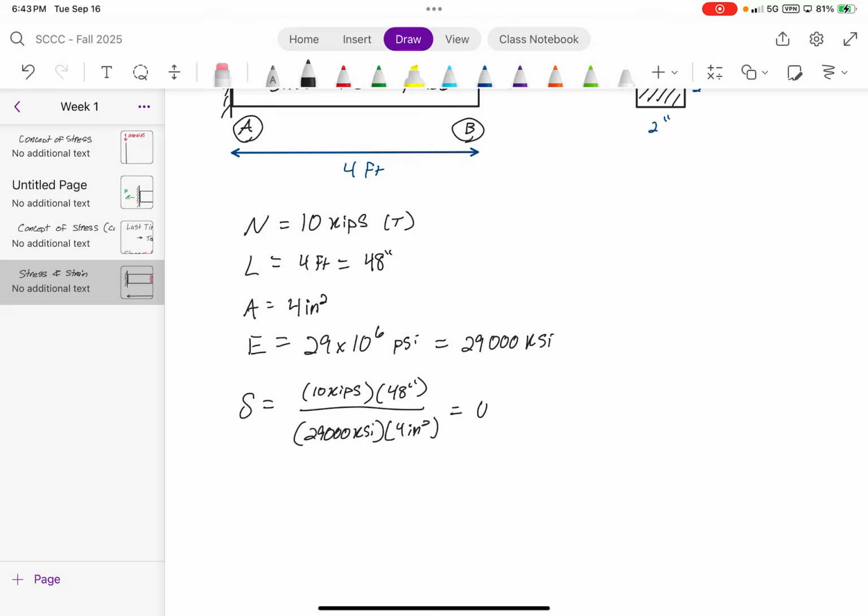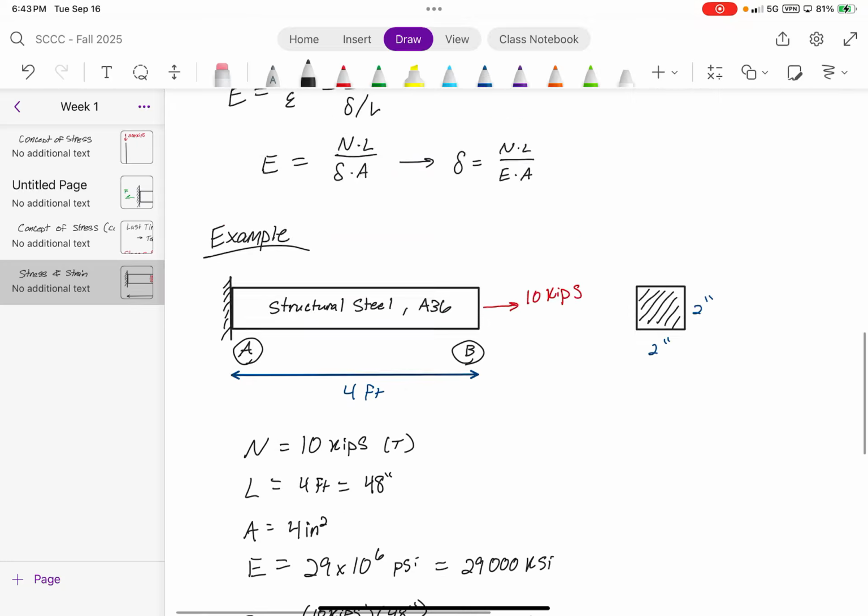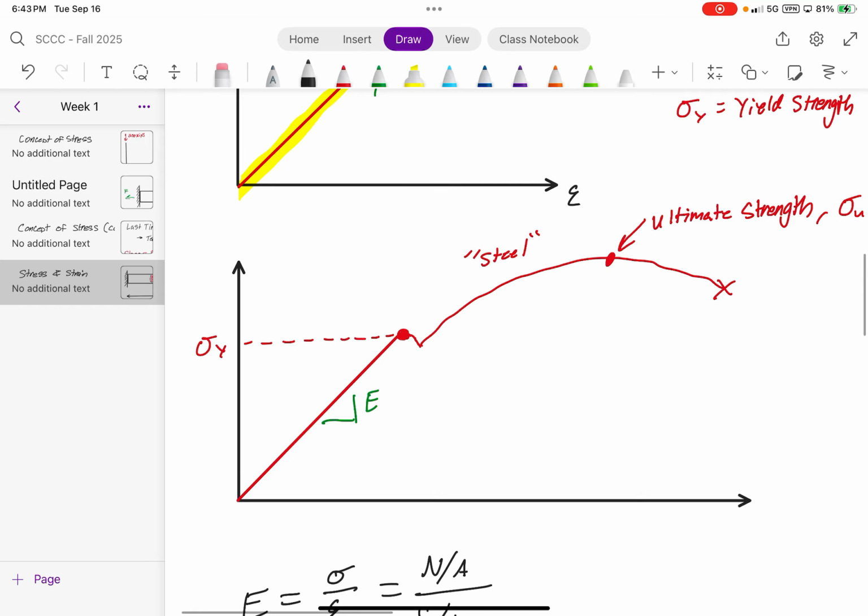I get 0.004 inches. So it's a very small deformation. If we were to plot this on a stress-strain curve, it's probably way down here. So we've got some wiggle room to really be able to improve the design.